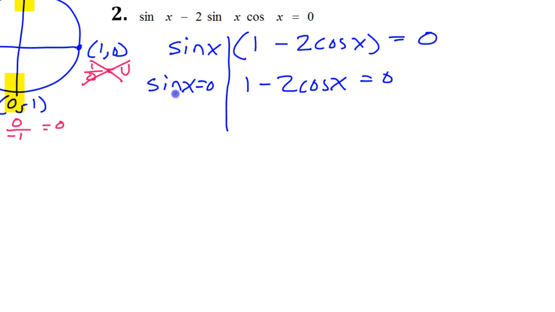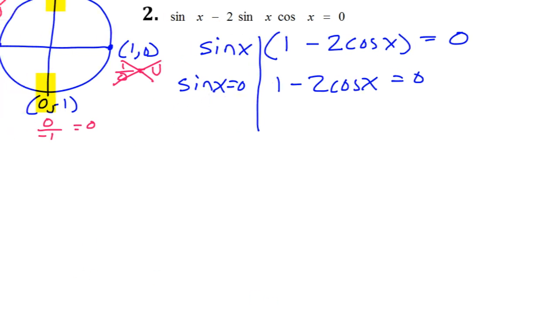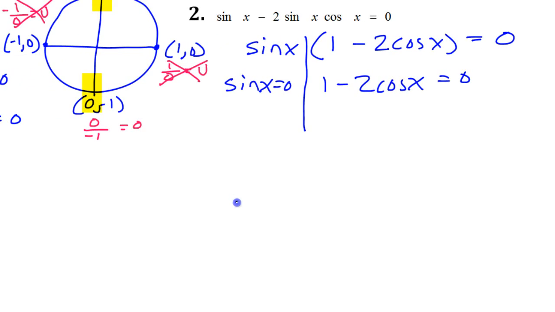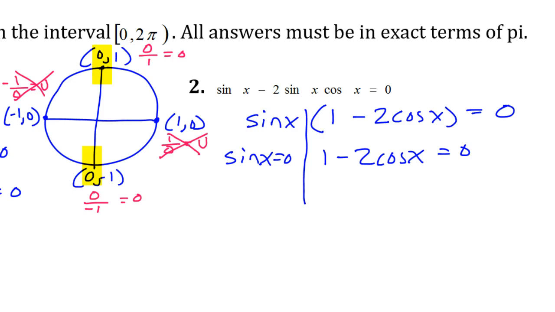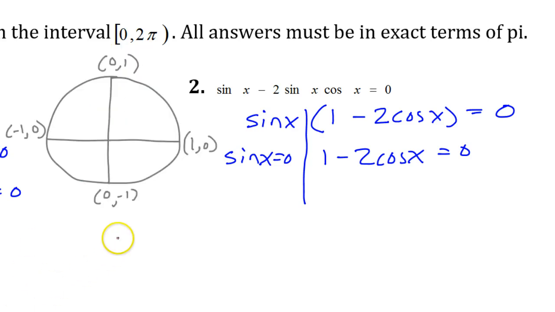The sine of what angle or angles will equal 0? Now remember, on the unit circle, the sine is the y value. So looking at our unit circle here, and focusing on the quadrantal angles, the y values are here, here, here, and here.